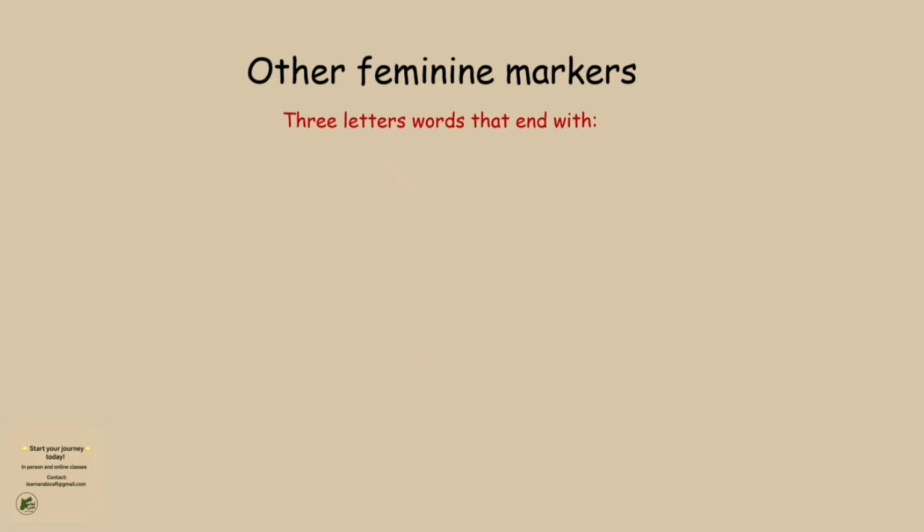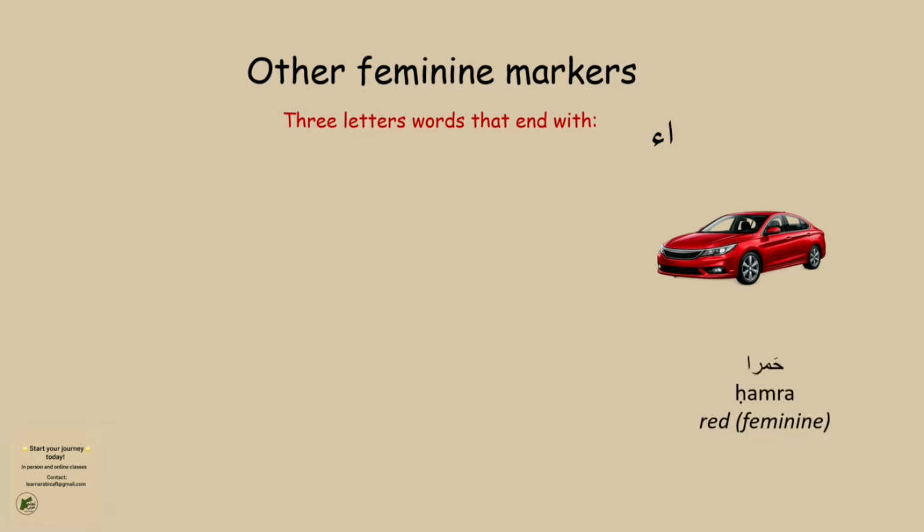It's also good to know that we have other feminine markers in the Arabic language. This includes the alif and hamza that follow a three-letter word. The feminine form of the colors is an example of that. However, in dialects, we do not pronounce the hamza, we only pronounce the alif. So instead of hamra, we will say hamra.